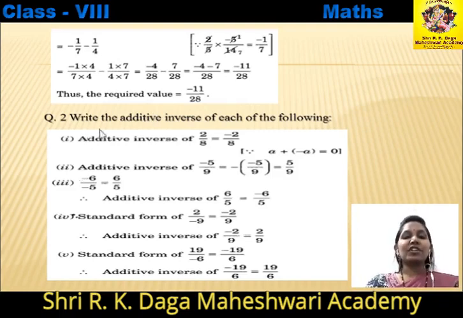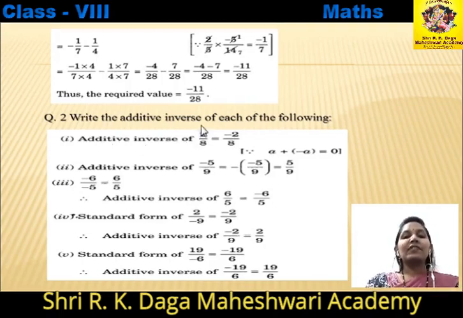Now in next question, write the additive inverse of each of the following. In this question, you have given some rational numbers and you have to write its additive inverse. So in first, we have to write the additive inverse of 2 by 8. Additive inverse, that is the rational number which gives answer 0 when we add to given number.